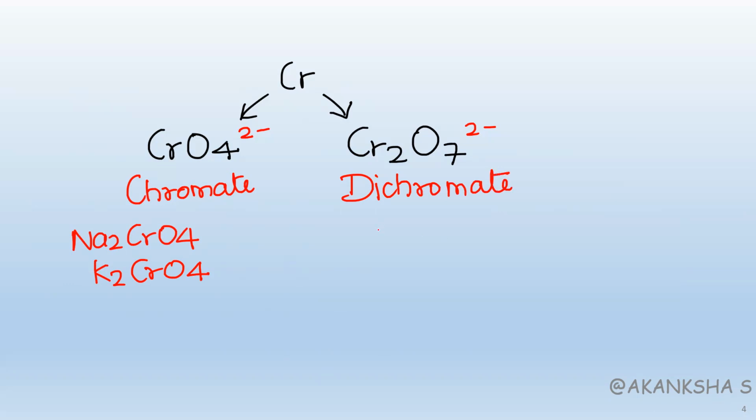So when I'm writing Na2Cr2O7, I'm referring to sodium dichromate. And whenever I write K2Cr2O7, I refer to it as potassium dichromate.